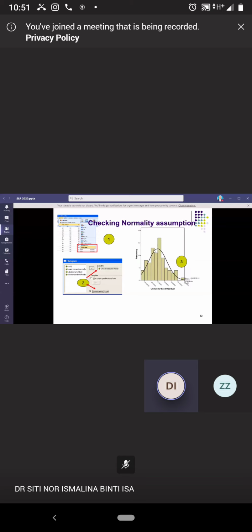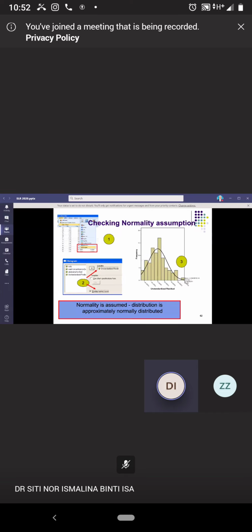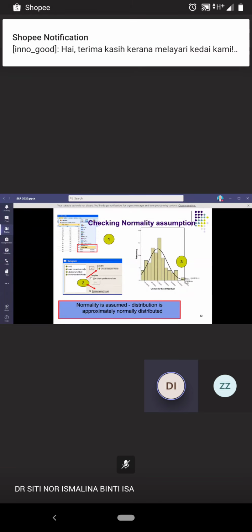If the histogram shows a normal, bell-shaped curve, the normality assumption is met. Normality is assumed, so all of the assumptions are met. Then you can proceed to interpret the results of linear regression.